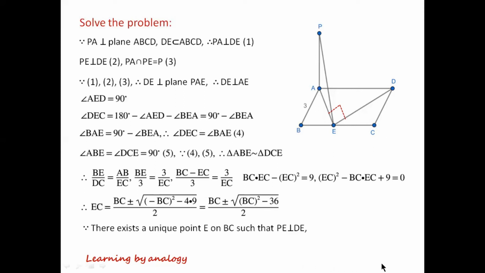Because there exists a unique point E on BC such that PE is perpendicular to DE, BC squared minus 36 equals 0. BC equals 6, since length can't be negative.